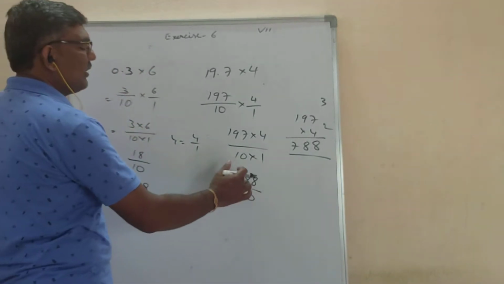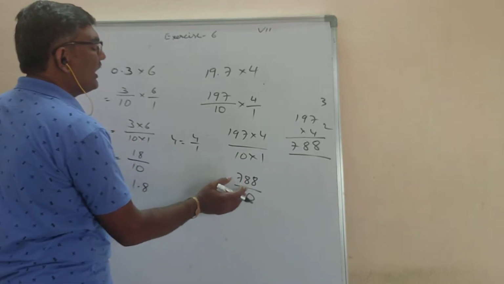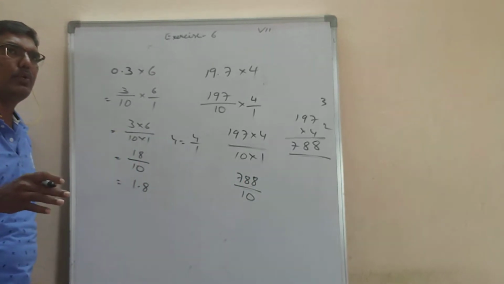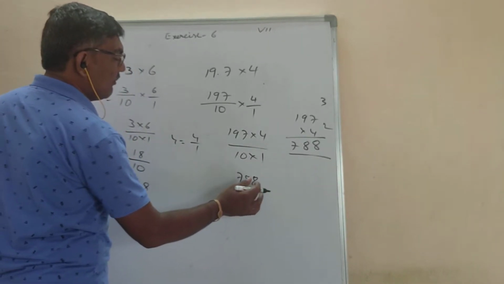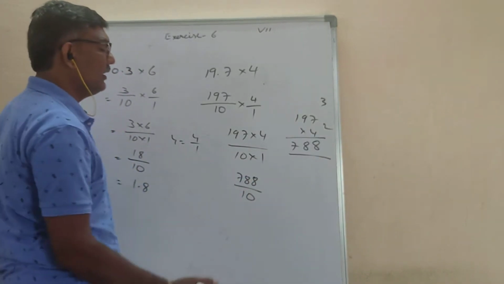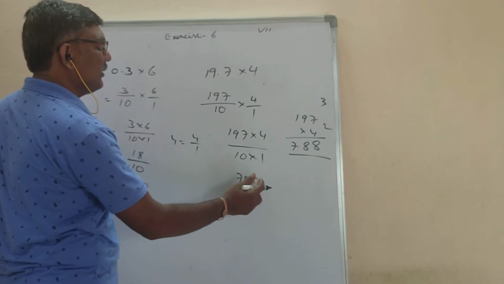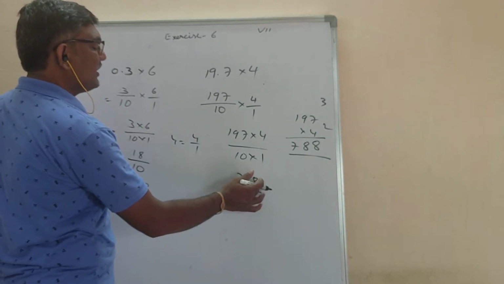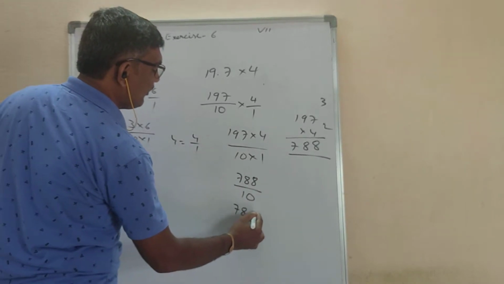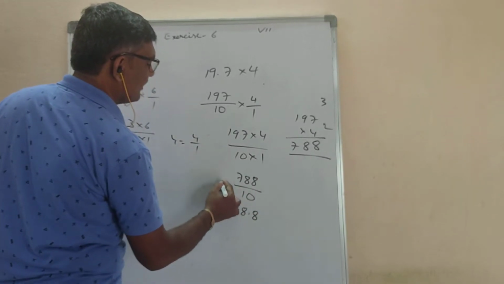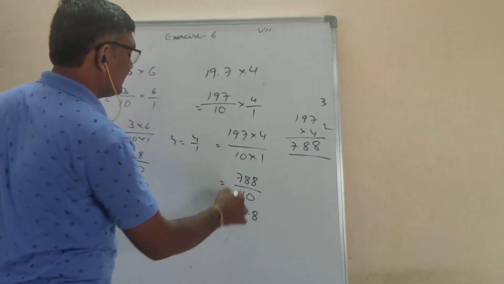Now you can convert this rational number into decimal form without division, because 10 is there. Before 1 digit you have to keep a point. 788 is a 3 digit number. Before 1 digit means before 8. 78.8. This is the answer for this question.